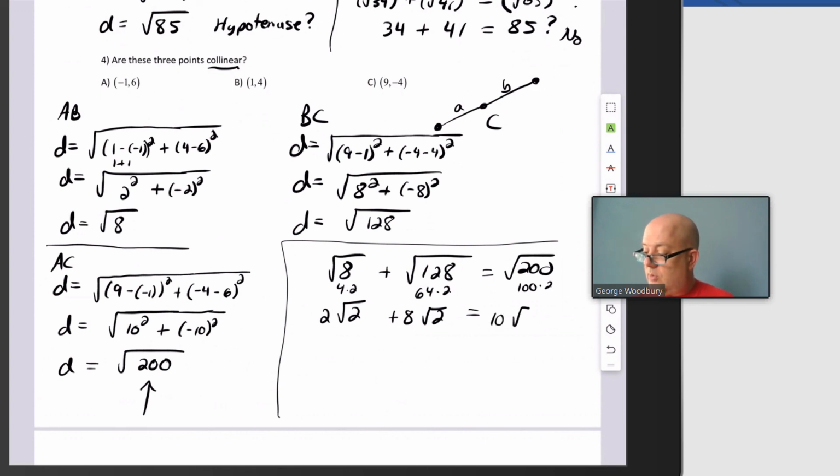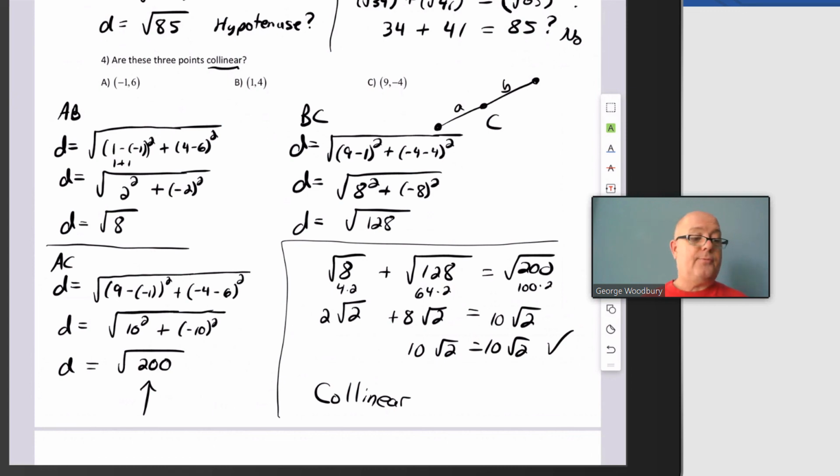So this is 10 square root of 2. And we have a true equation. 2 square root 2 plus 8 square root 2 does equal 10 square root of 2. Because these are equal, the points are collinear.